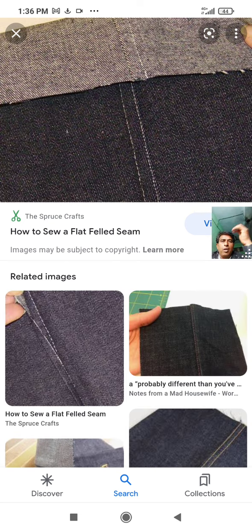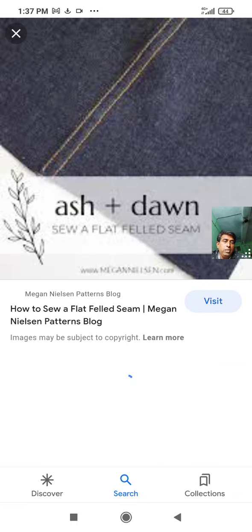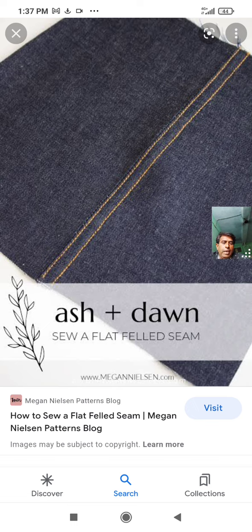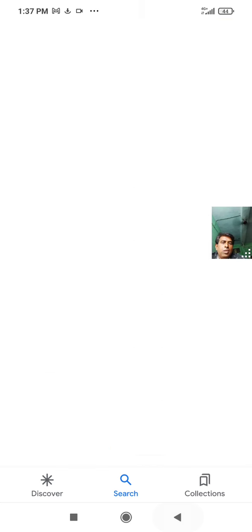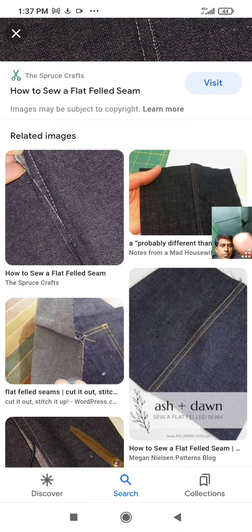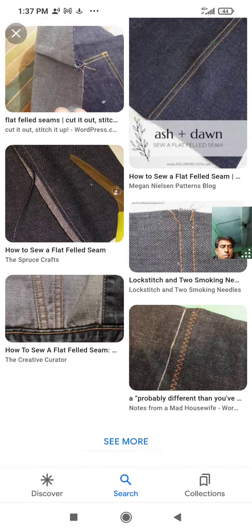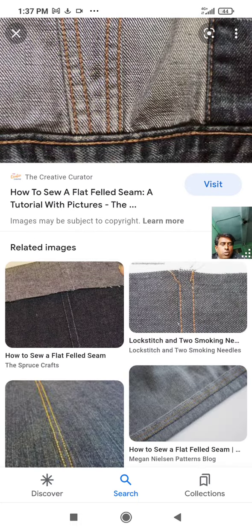So installation across a heavy fell seam. If a zipper is installed across a heavy seam, heavy meaning very bulky seam, it causes popping and slider snagging.